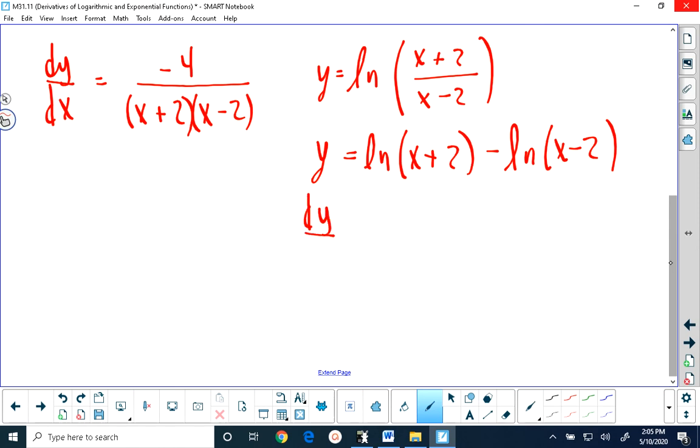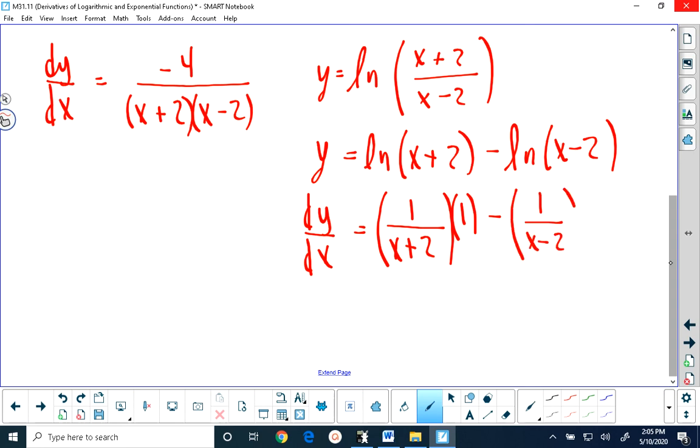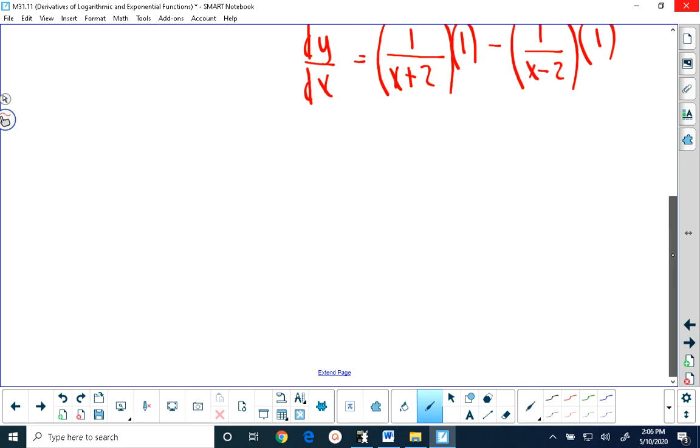If we differentiate from here, the derivative of ln(x + 2) is 1 over (x + 2) times the derivative of x + 2, which is just 1, minus the derivative of ln(x - 2), which is 1 over (x - 2) multiplied by the derivative of x - 2, but that's 1 again. And what we end up with is dy/dx = 1/(x + 2) - 1/(x - 2).